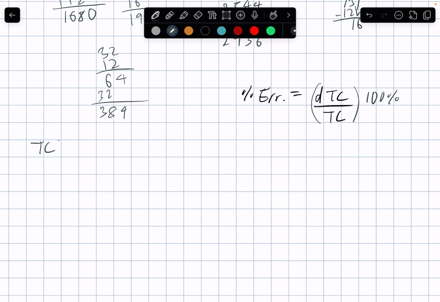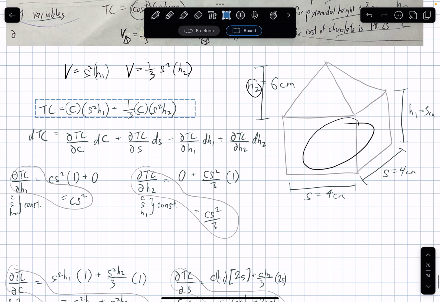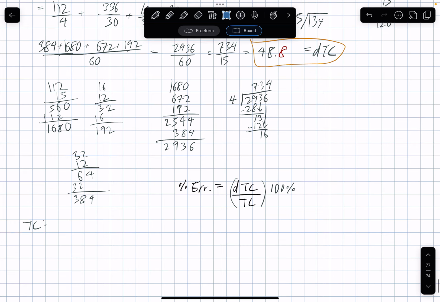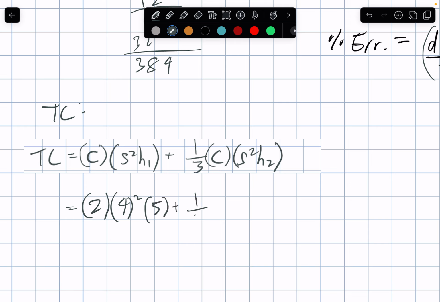Actually, let's solve for it now. So TC is equal to, based on the formula we wrote earlier, this. So cost is 2, side is 4, height 1 is 5, plus 1 over 3 times 2 times 4 squared times height 2 is 6.